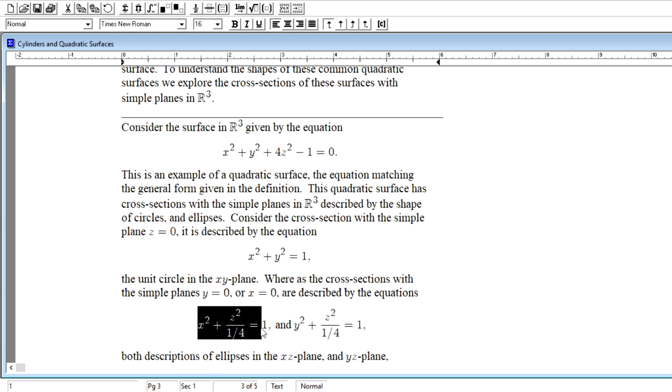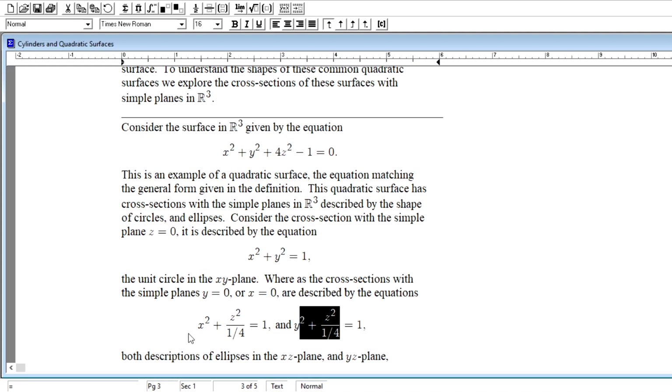In terms of either y and z for the first equation or x and z for the second, where the only difference is using x squared or y squared as the first term. And what do these equations describe? We might recognize these as the equations for an ellipse, right? This ellipse being in the xz plane, this ellipse being here in the yz plane, right?